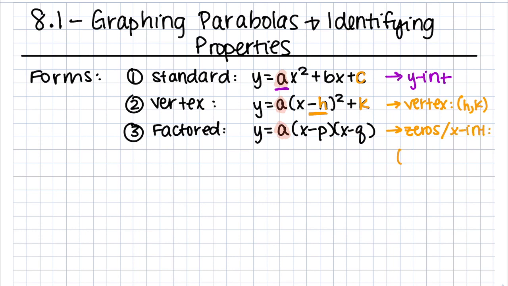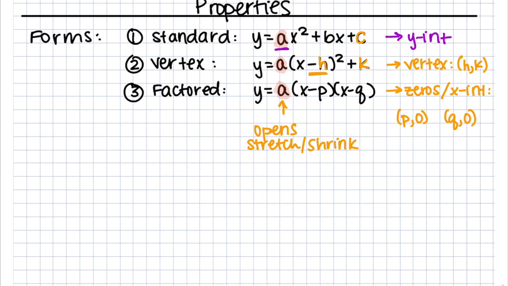That's what would make each one of these equal to 0, so it would be at (p, 0) and at (q, 0). Again, this a tells us two things: the way it opens and how much it will stretch or shrink. We won't come to that until later on in the chapter. So right now, we're just going to say they all open up.